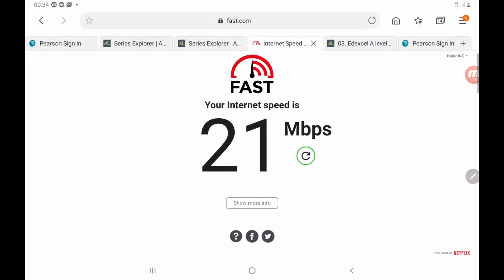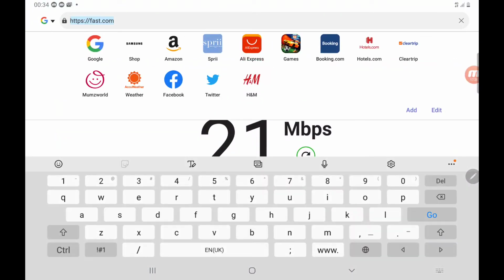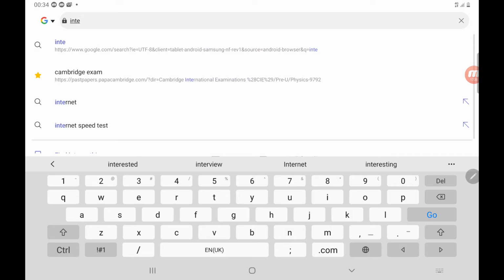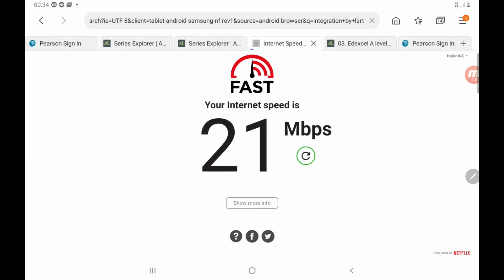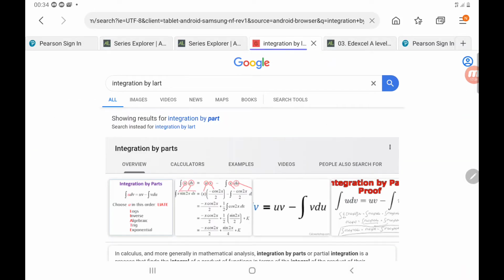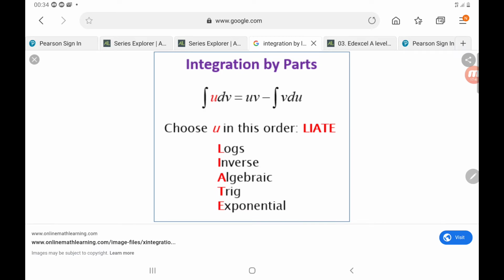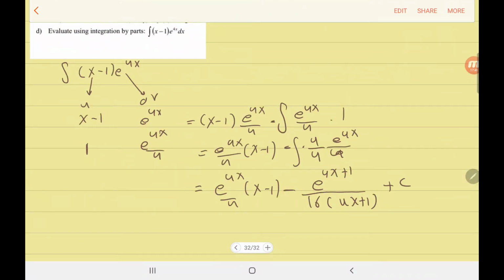If I'm not wrong, integration by parts. Just want to check the rule. Yes, integration of u times v minus integration of v times du. Yes, exactly. So that's the answer for the second question.